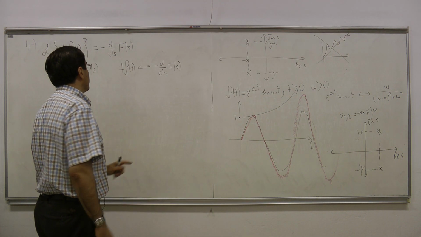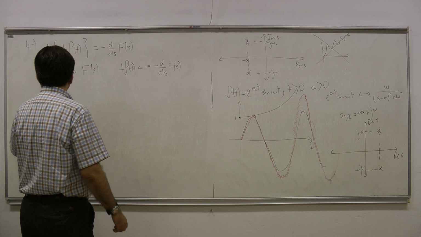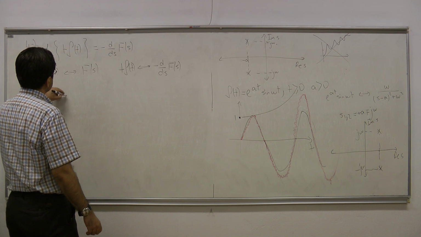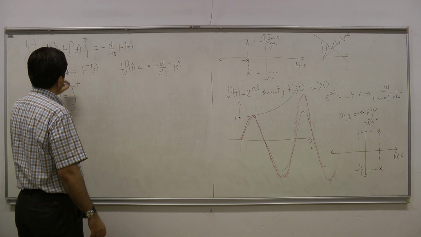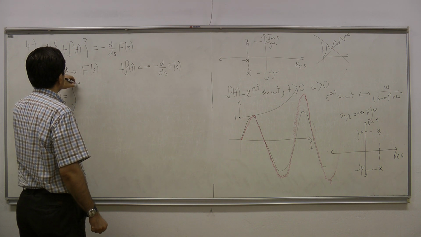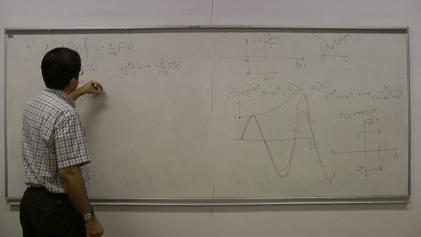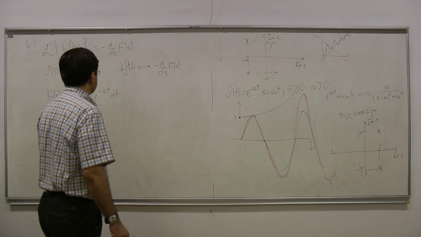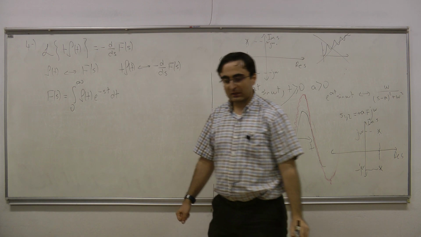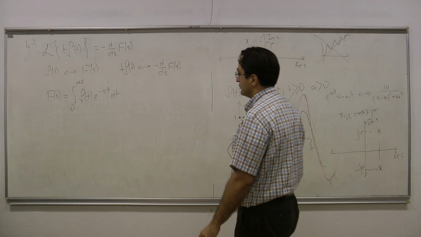So here, let me try to show this property. So I know that F of s is the Laplace transform of f of t. So I would have just this thing. Sorry, I'm overwriting here, t. Infinity, and I have f of t e to the minus st dt. Okay. Clearly, both sides are a function of s.